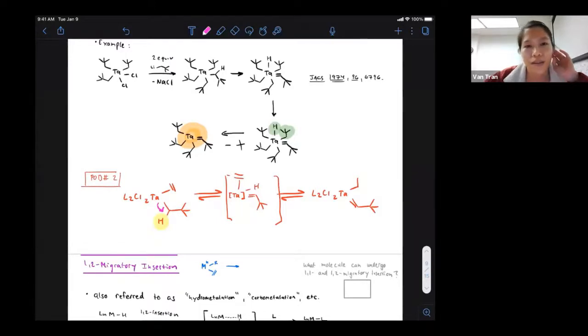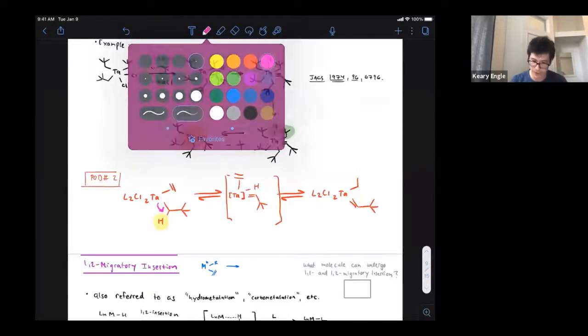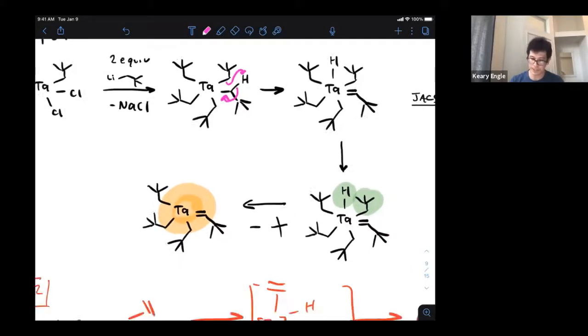Some people say it's just the concerted hydroabstraction by one of the neopentyl groups, but the second one is, yeah, this one you can, okay, what Van is saying in terms of pushing electrons is this one you can draw like this way. Also, that's an alternative.